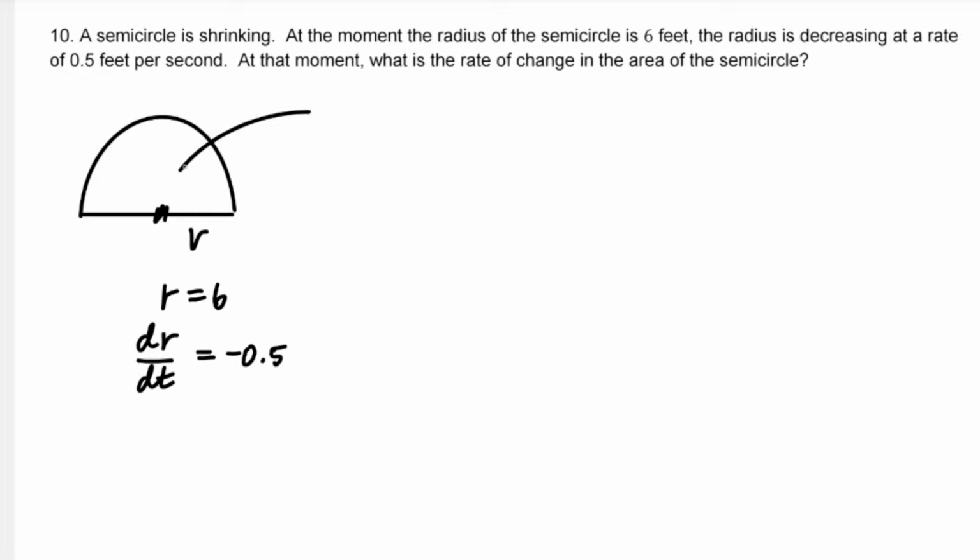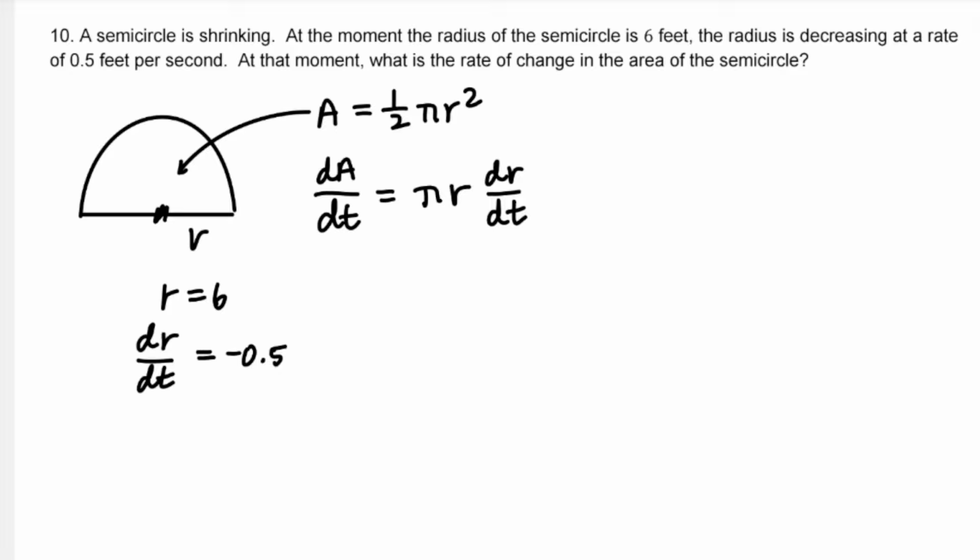Okay, so say the area of this thing is half of pi r squared, because it's a semicircle. Okay. And then take the derivative of this with respect to time. Get 2/2 pi r to the first dr dt.